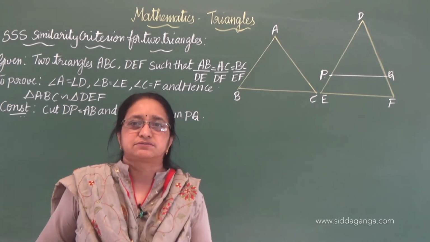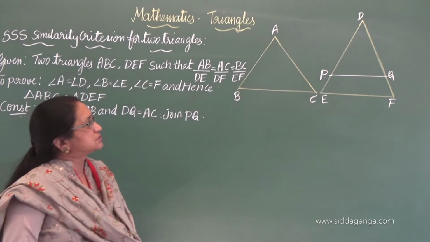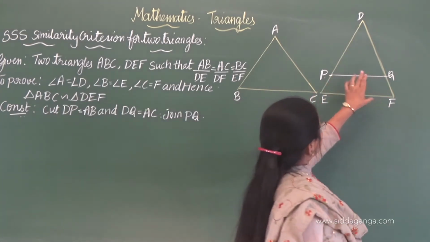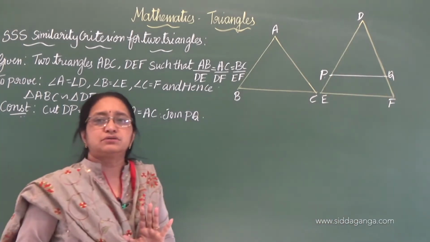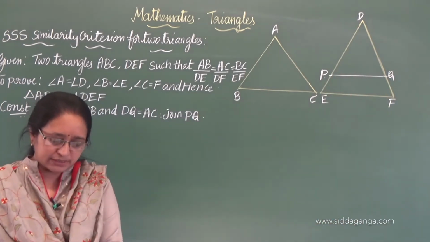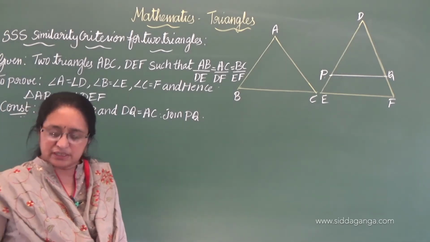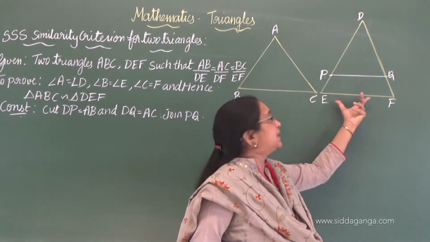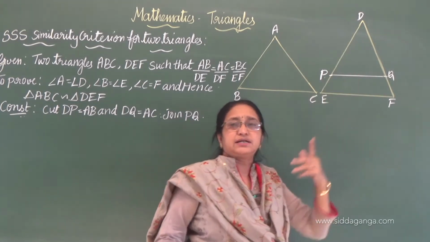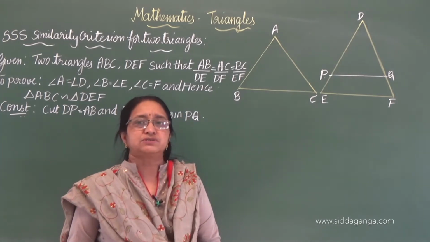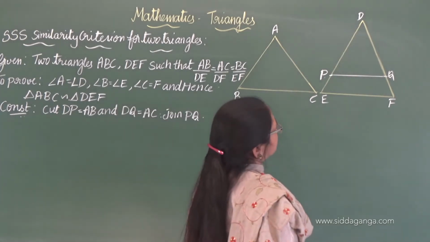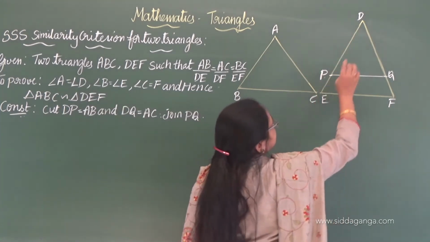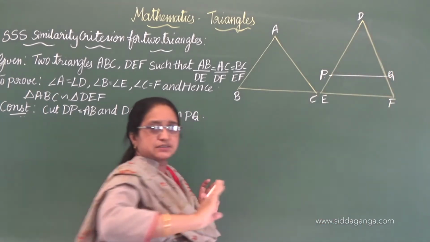Next, how can we prove this? First I am going to prove that PQ is parallel to EF, as we did in the AA criteria, isn't it? So, PQ is parallel to EF. We are going to prove that PQ is parallel to EF. And as you all know, by converse of BPT, DP by PE is equal to DQ by QF. You all know that, correct?